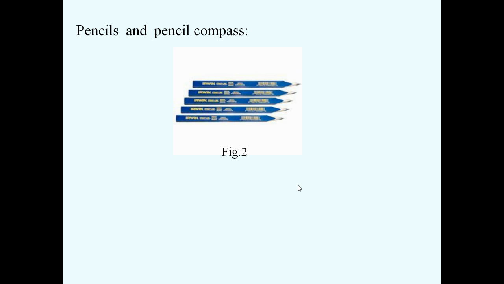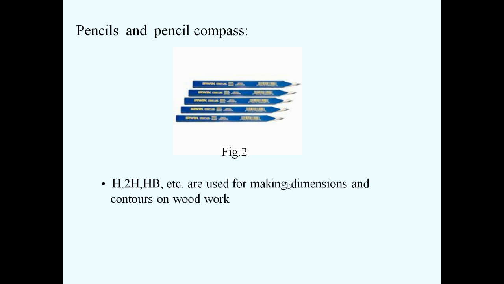Some of the marking tools we are going to discuss now. Pencils and pencil compass. These are the different types of pencils we are using in carpentry. H, 2H, HB, etc. are used for marking dimensions and contours on the wooden workpiece.